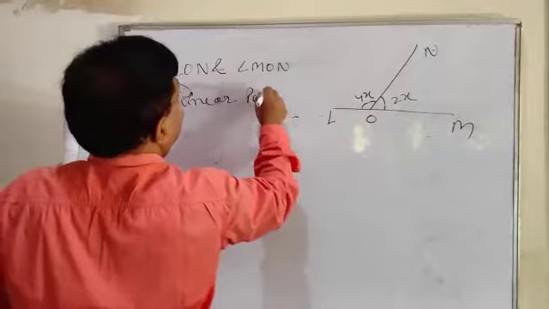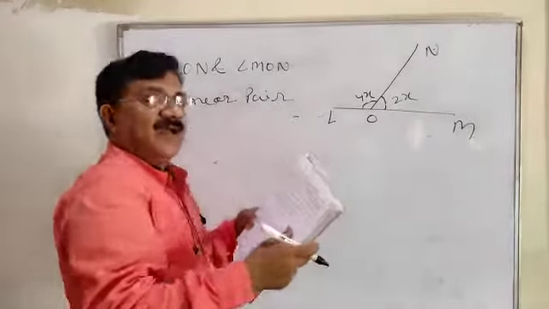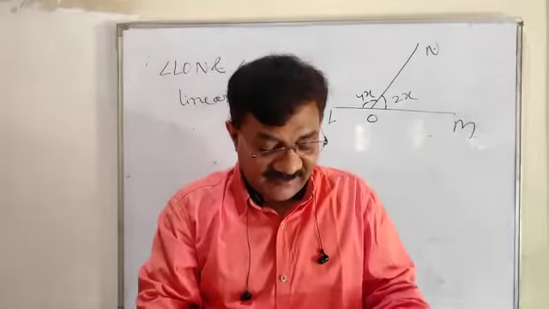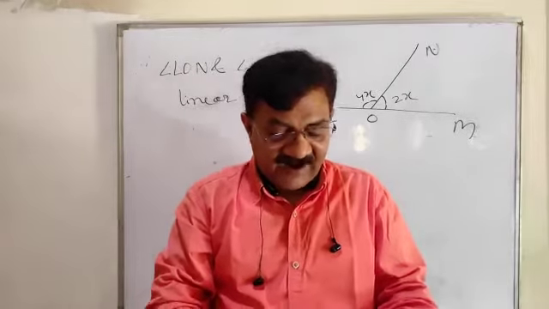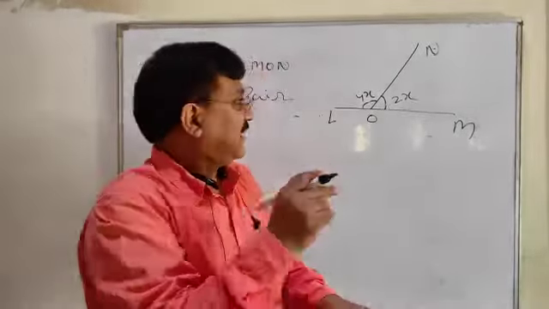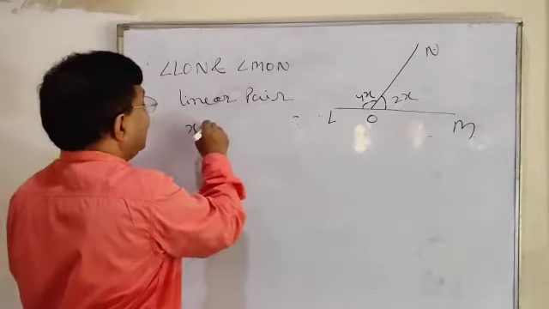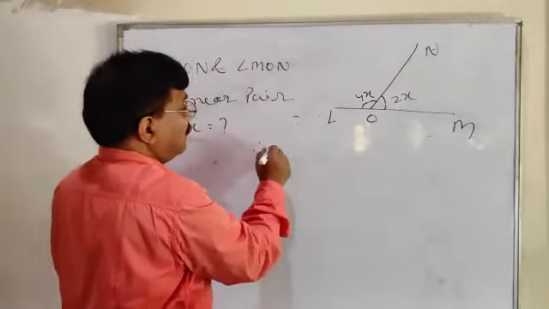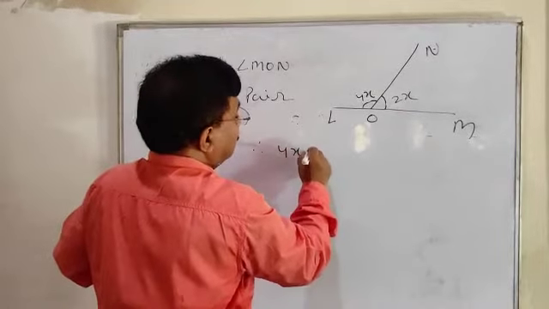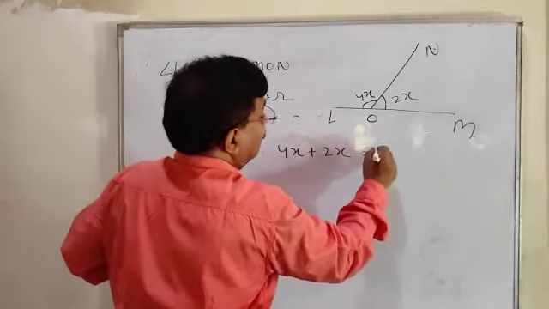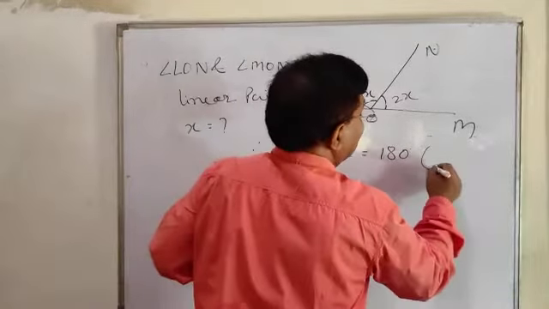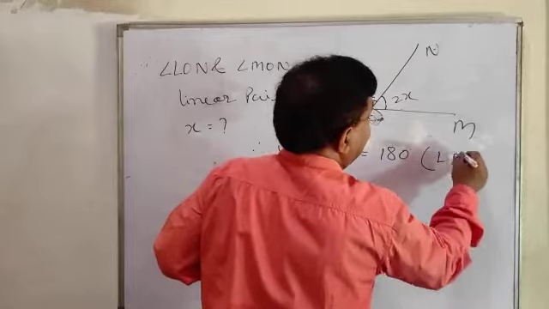They form a linear pair, meaning their sum is equal to 180 degrees. Find the value of x. Therefore, 4x plus 2x will be equal to 180 degrees. The reason, in short, you will write: linear pair.